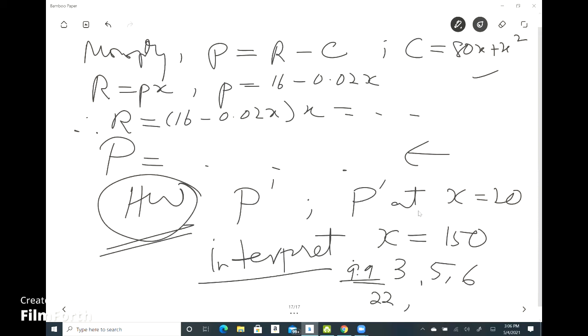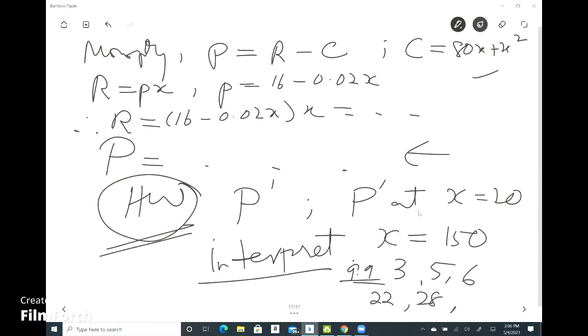And then on the profit, you are given the profit. That means look at 28. Okay, 28. And then one more.